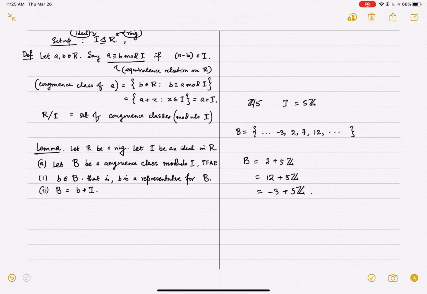Part B. Let's give ourselves two elements b and c in R. Then the following are equivalent. First, that b minus c is in I. This is the same as saying b and c are congruent modulo I. Well, it's the same as saying that b and c belong to the same congruence class.